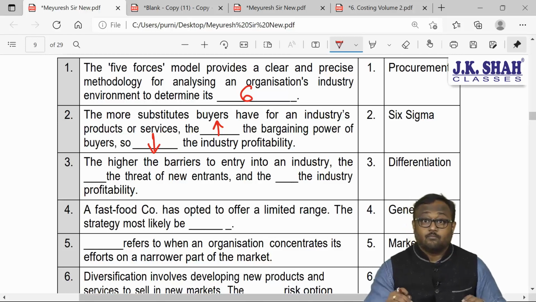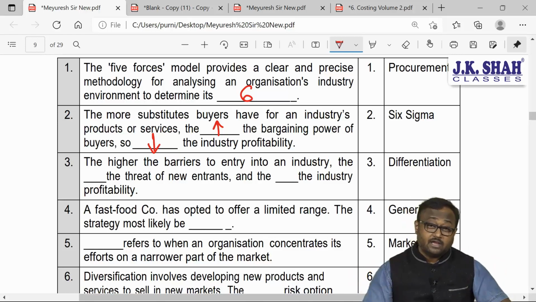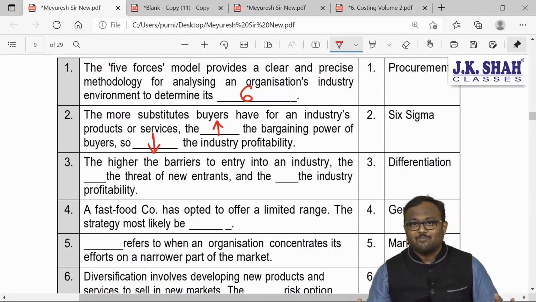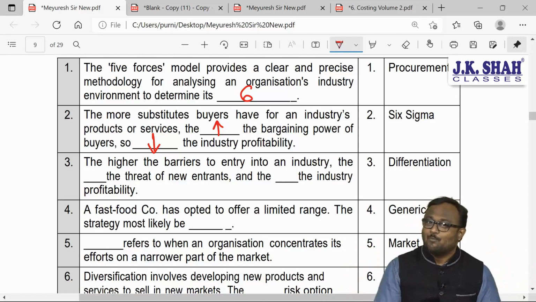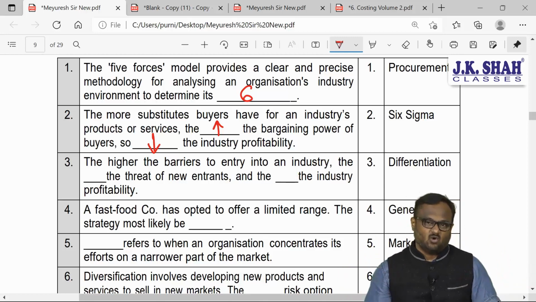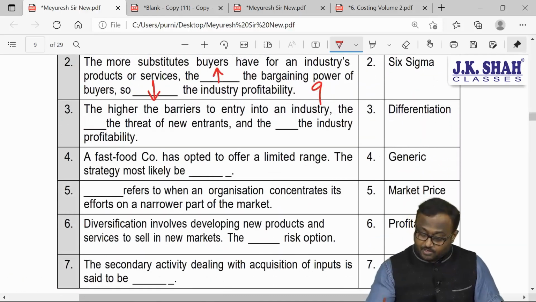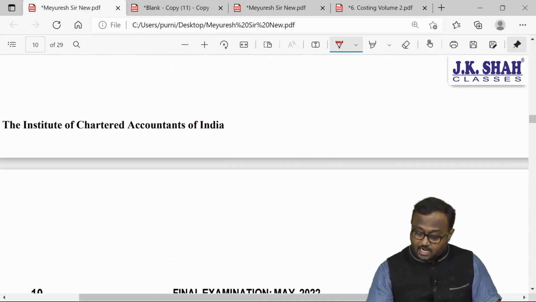Where there are many options, buyer has many substitutes, that means it is a competitive market. Competitive market means competitive selling price, lower profitability. So I would like to go for point number 9, higher and lower.